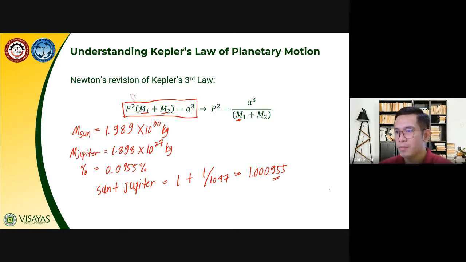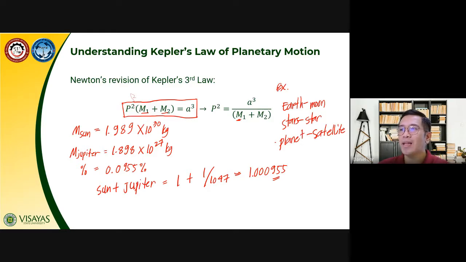Examples are solving the gravity between the Earth and the Moon, solving the gravity between stars, so star to star, or even planet to its satellite, or our planet to the satellite, or planet to their moon.